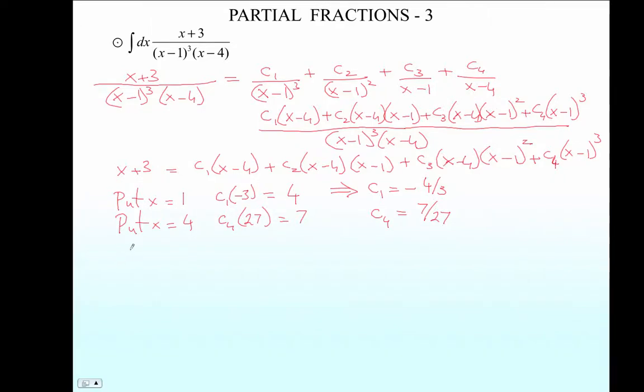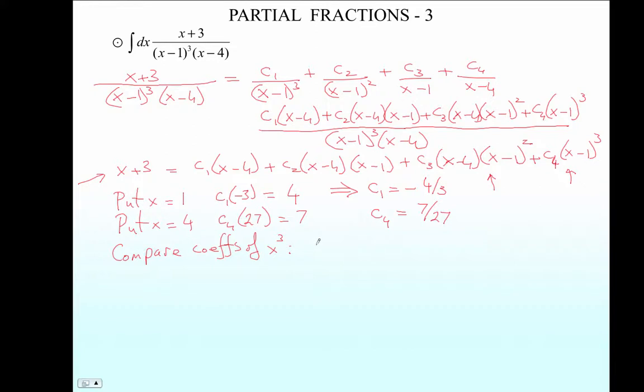But what do we do about finding c2 and c3? Now I could put x equal to 0 and then x equal to something else, but let's minimize our work. And we can do that by noting that on the left side over here, there is no x cubed. But on the right side, we're going to get an x cubed term from this term and from this term. So let's compare coefficients of x cubed on both sides.